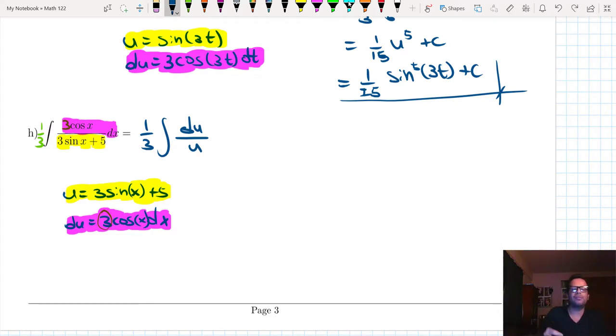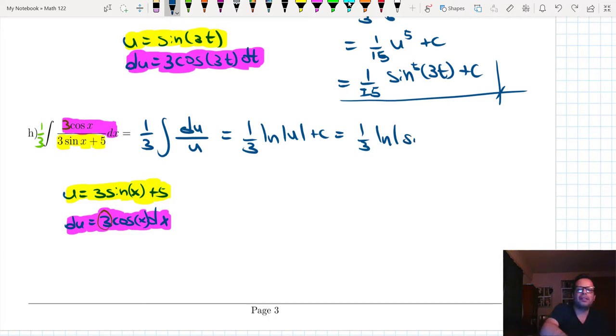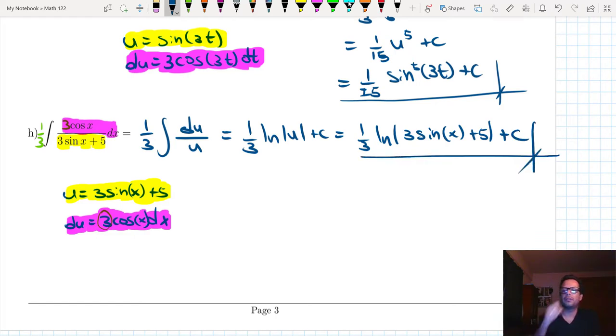You might remember that's one of the special ones, 1/3 ln of u, plus c, equals 1/3 ln of 3 sine. Let's just go back, substitute for u, 3 sine of x plus 5, parentheses or absolute value bars, and plus c. Okay, and that's all we do for this one.